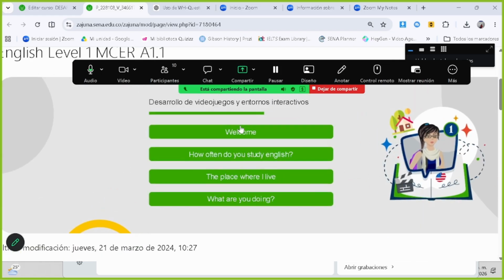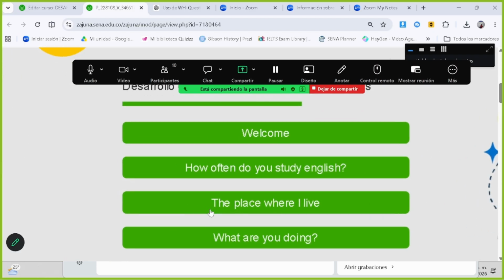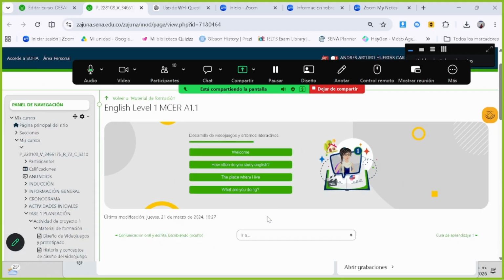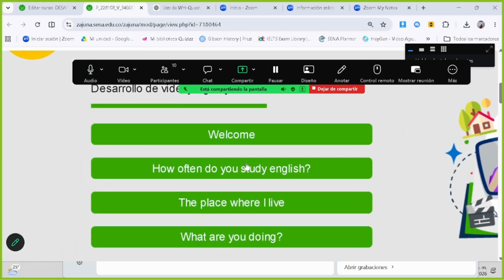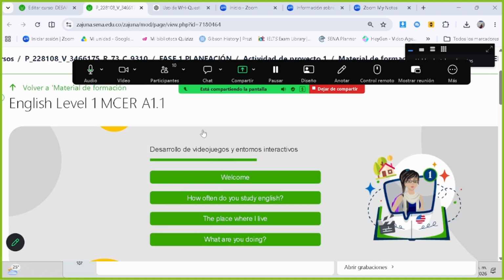Here you can practice your vocabulary, your grammar. So I invite you to do these exercises, to use this to improve your English level. Okay, people. Do you have any questions about this?